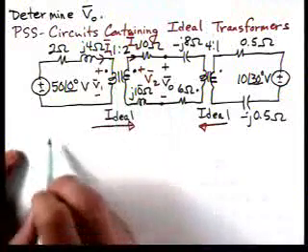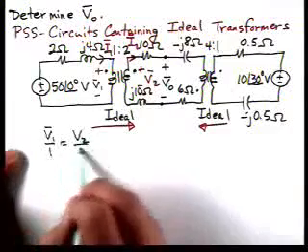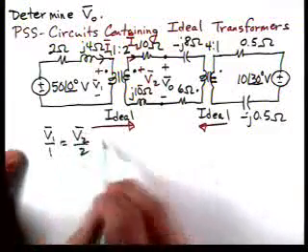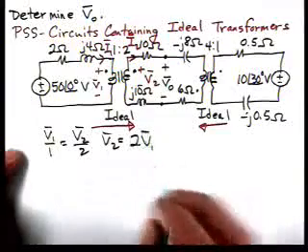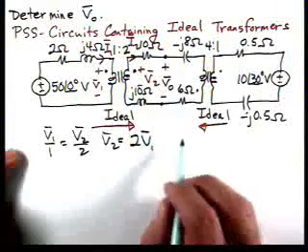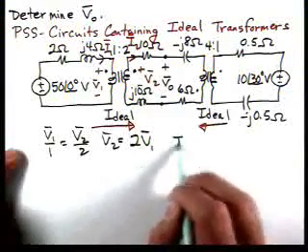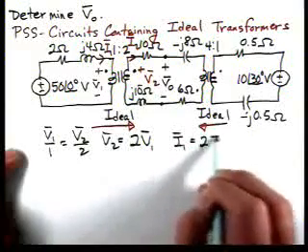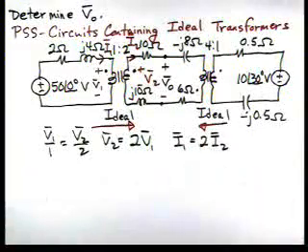So we'll have V1 over 1 is V2 over 2, or V2 is equal to 2V1. Then we've got one current defined entering the dot, the other current defined leaving a dot. So we have I1 equal 2I2.